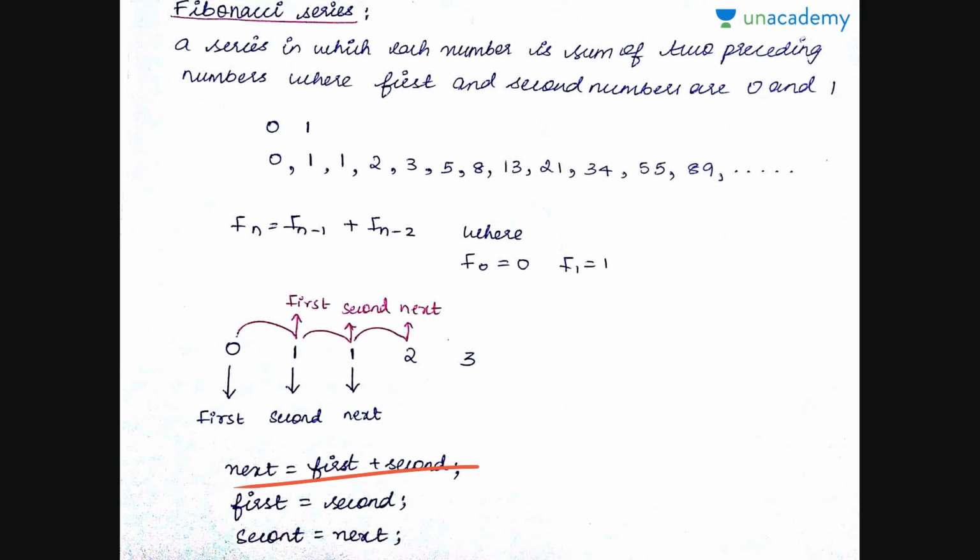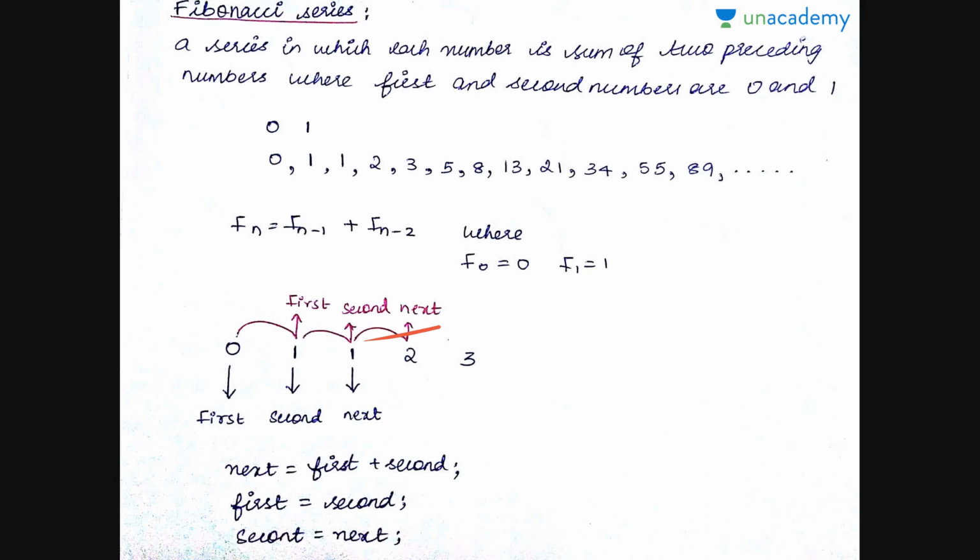Then we have calculated these three Fibonacci numbers 0, 1, 1. To calculate the next number, 1 becomes the first and the next one becomes the second. And to calculate the next number, it will be the sum of these two, first plus second.